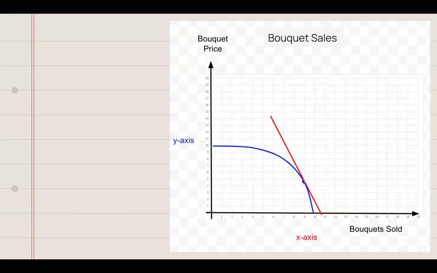So we could see here, if we know that where the curve has a slope of -3 is the best price to set our bouquets, we can see that's $5. So we can make a decision that our business will do best if we charge $5 for our bouquets.